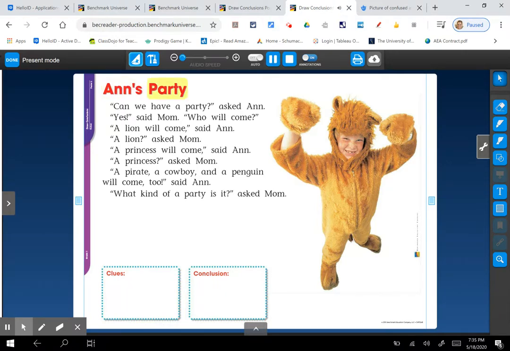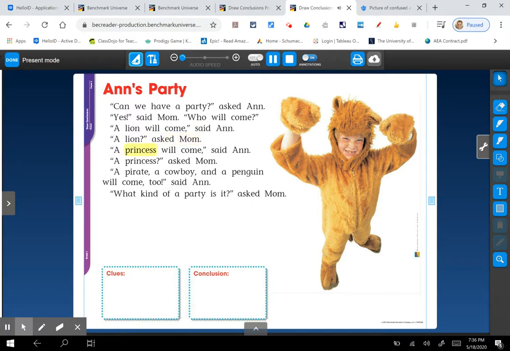Anne's Party. Can we have a party? Asked Anne. Yes, said Mom. Who will come? A lion will come, said Anne. A lion? Asked Mom.